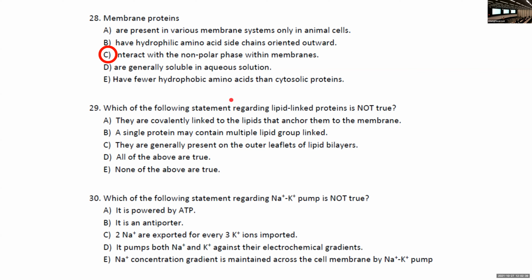Number 29, C, right? Because it's in a leaflet. Again, I just changed one word there. It's going to be a little more obvious when you're doing the actual exam, but what I want you to do here is not just pick the right answer and move on.